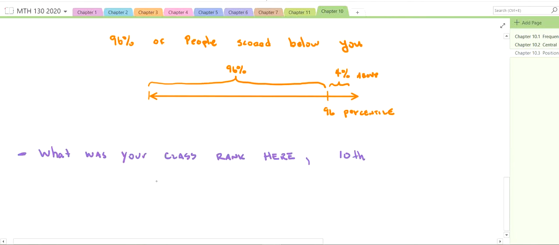Another way to calculate that, I mean, it's kind of intuitive here, but the way you might calculate that is we would take their percentile, 96, so 0.96, multiply it by the number of people in the class, we end up with 240.